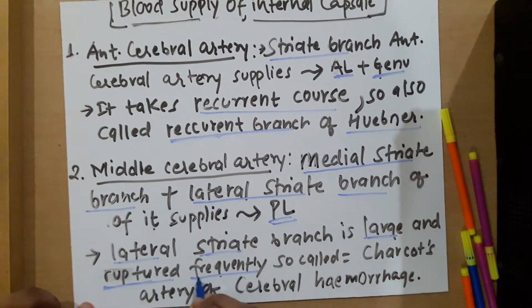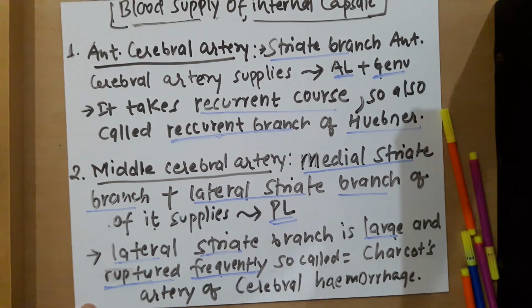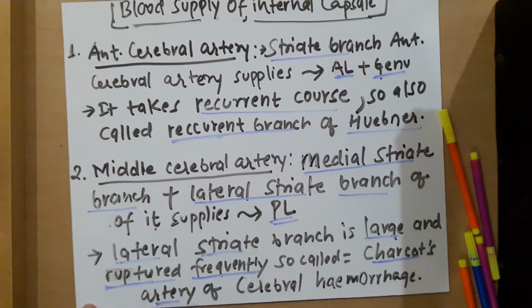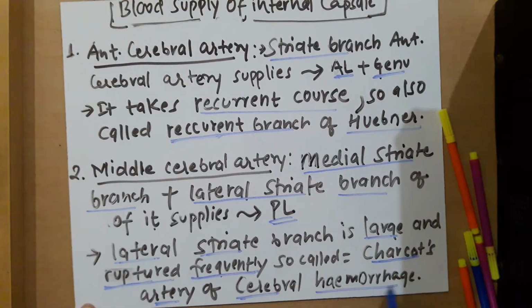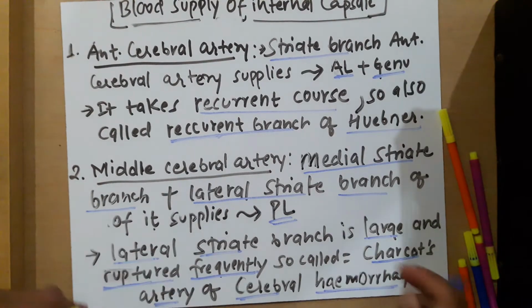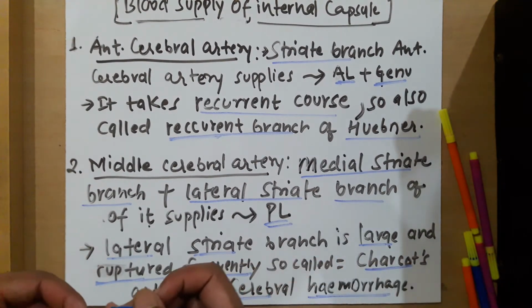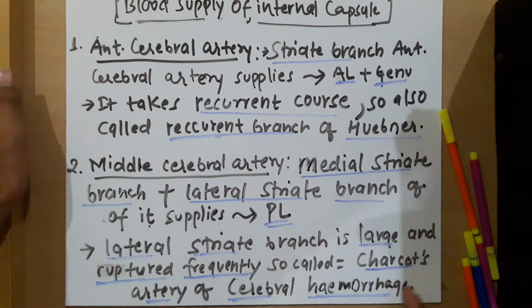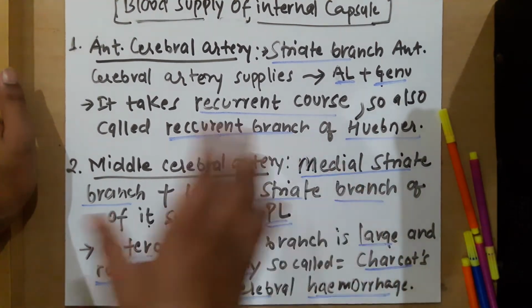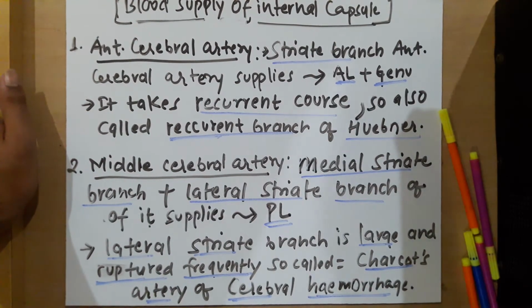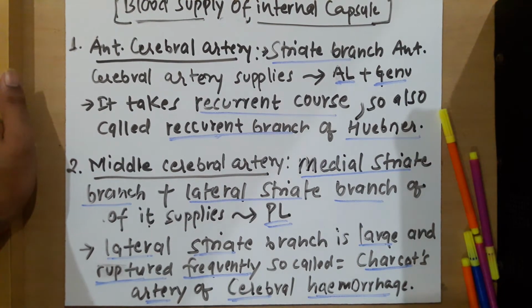Rupture of the arteries will obviously cause hemorrhage, so it is known as Charcot's artery of cerebral hemorrhage. This may be asked in MCQs or sometimes in viva. That is the other name of the middle cerebral artery. Why is it called so? Because the lateral striate branch is large and ruptured frequently.